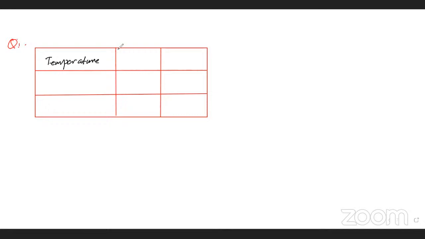This is the pressure of thermometer A. This is the pressure of thermometer B. Pressure for thermometer A, again, pressure for thermometer B.